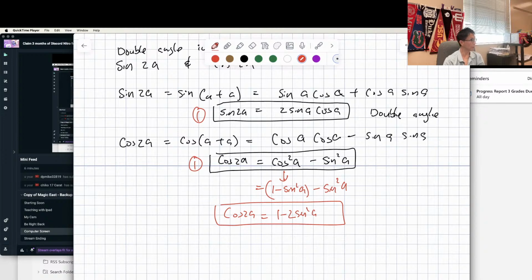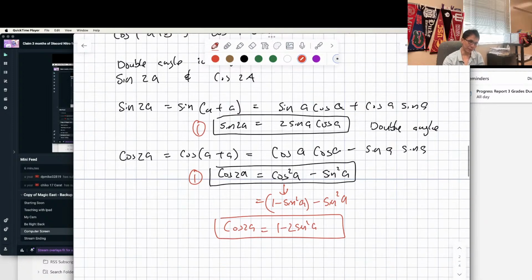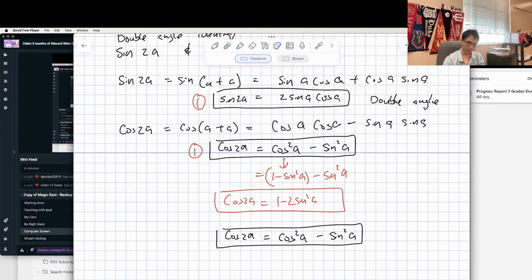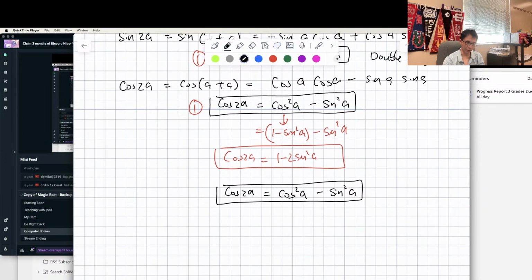Do we have to know both versions? Or you can convert it. Convert is easy. So for me, I don't memorize it. I convert from one version to the other. I know cosine square is equal to 1 minus sine square. Same thing for the other one. Now, instead of changing the cosine, I'm changing the sine square.